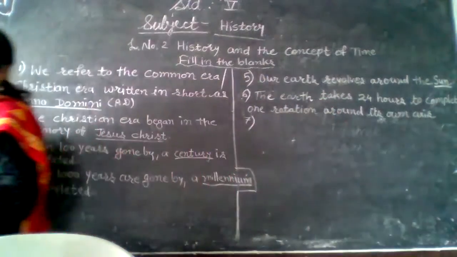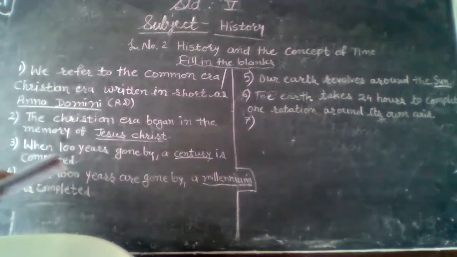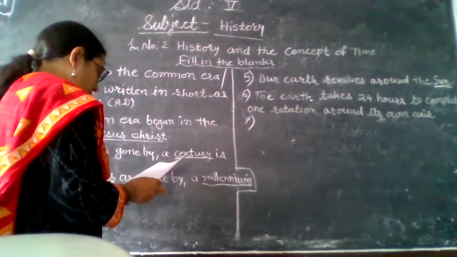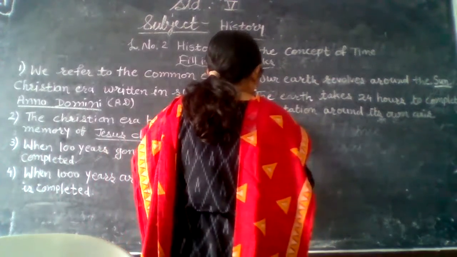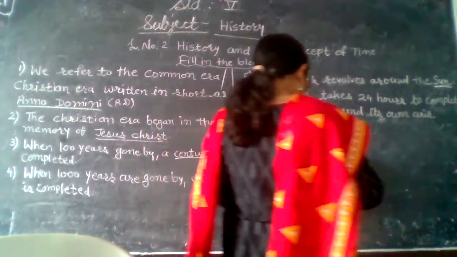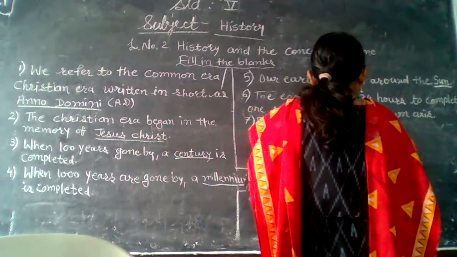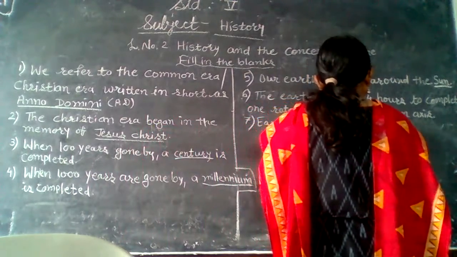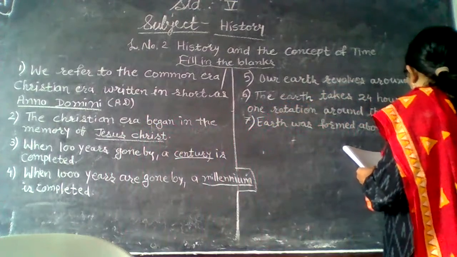Number 7. Earth was formed about 4.5 billion years ago.